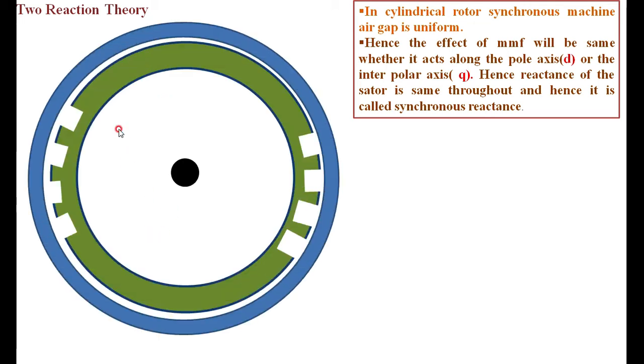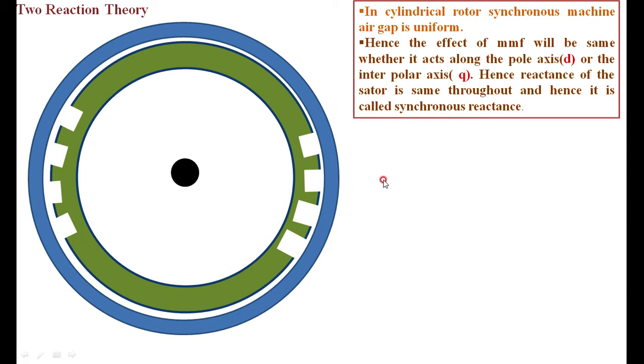Hence, the reactance of the stator is the same throughout, and hence it is called the synchronous reactance. You can see the figure here: the air gap is uniform throughout, hence the MMF distribution in the air gap is uniform, and at the same time the reactance is the same whether it is along the pole axis, that is the D axis, or the interpolar axis. Here also the air gap is uniform.